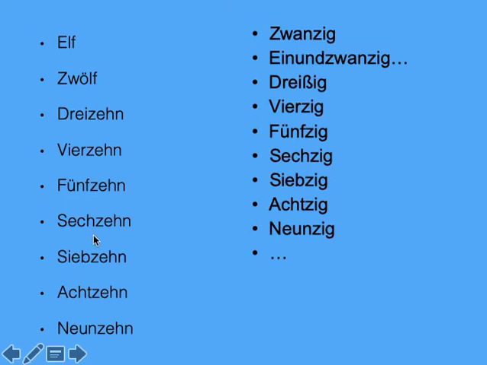If I say 6 in German, it's sechs with an S. But 16 does not have the S. And also 17. The 7 in German is sieben. But it's not sieb-zehn, correct? It's siebzehn. So be careful here. And the rest is regular again.